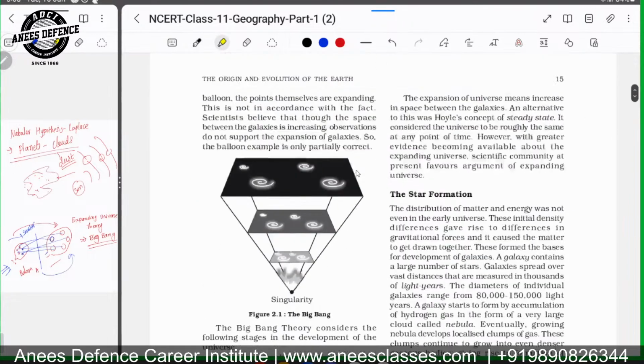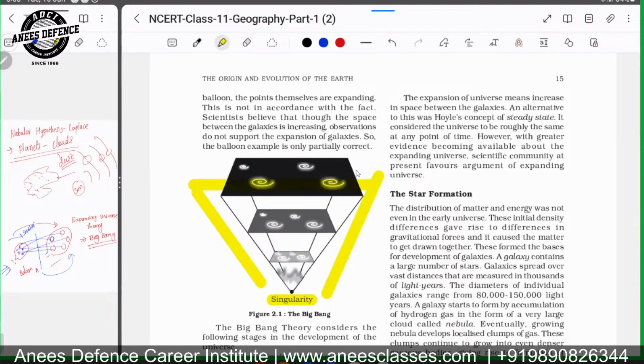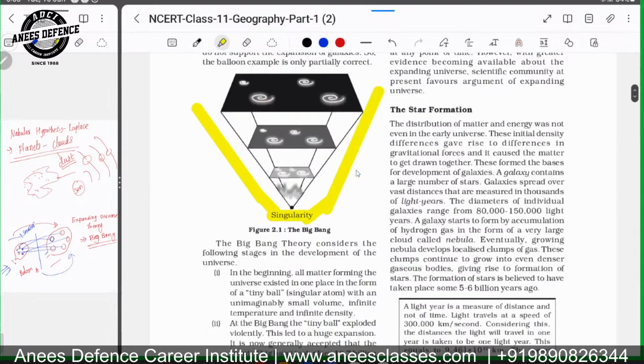Now we will be discussing singularity. Here you have the concept of singularity. We will be discussing what singularity is. What does it indicate?